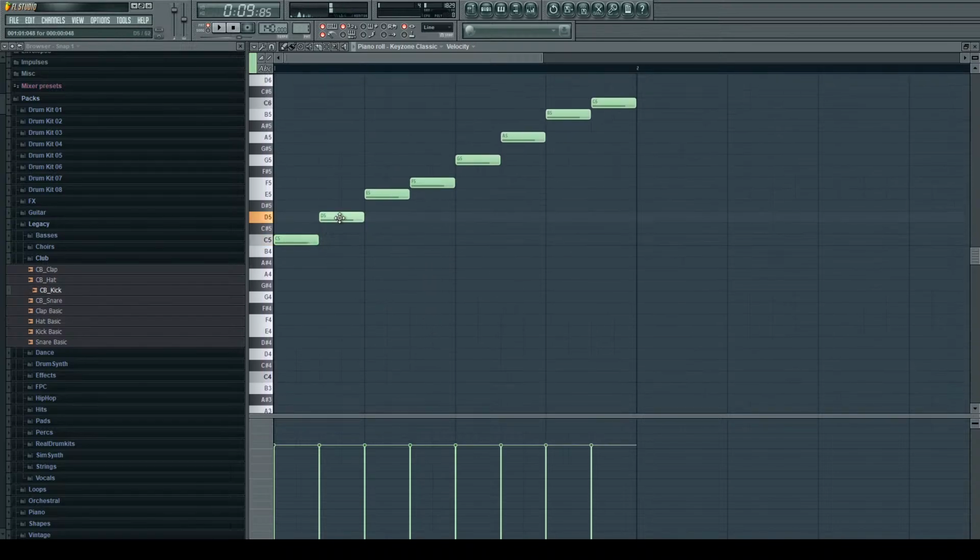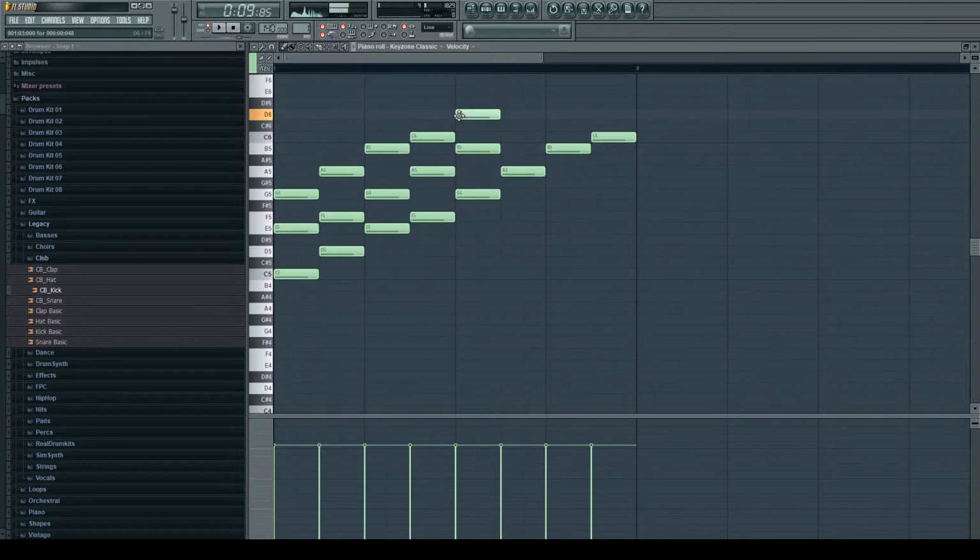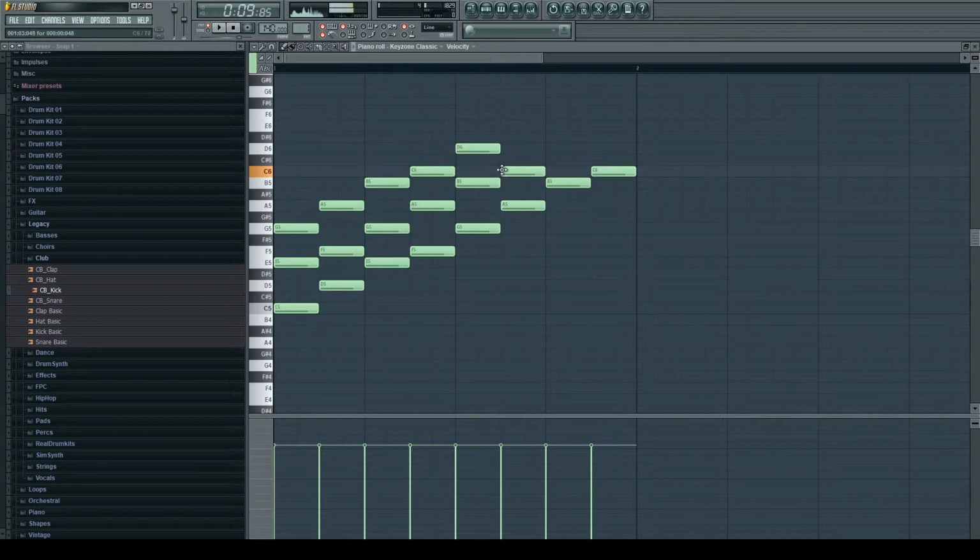And then within each of these notes is a chord. You have C major, D minor, E minor, F major, G major, A minor, B diminished, and then back to C major. Alright?